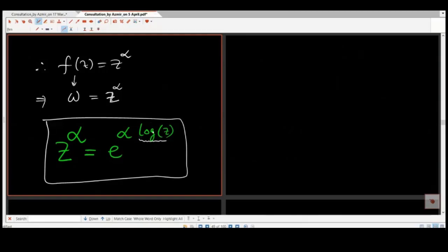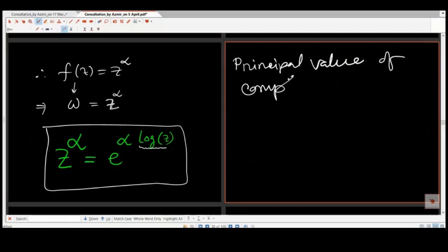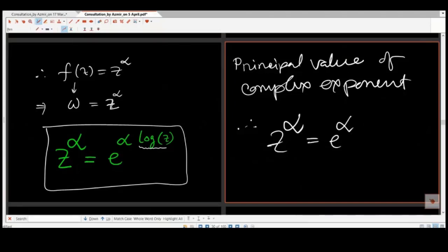Just before this, we solved this type of problem. If we try to find the principal value of a complex exponent, then z to the alpha will be e to the alpha natural log of z, but this time it is capital L. L means this is defining the principal value of the complex logarithm.